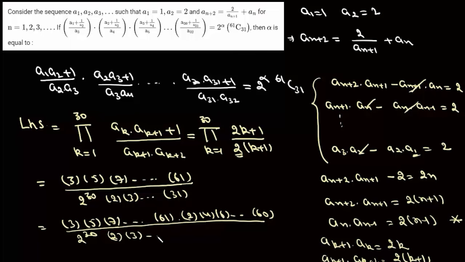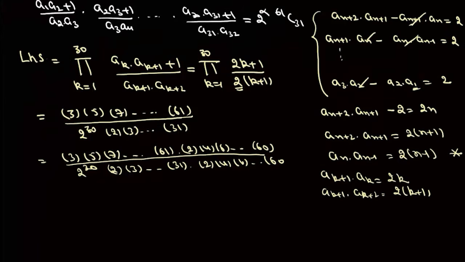This is 2, 3, up to 31, and here will be 2, 4, 6, up to 60. Now in the numerator we'll have 2, 3, 4, 5 up to 61. So numerator will be factorial 61.